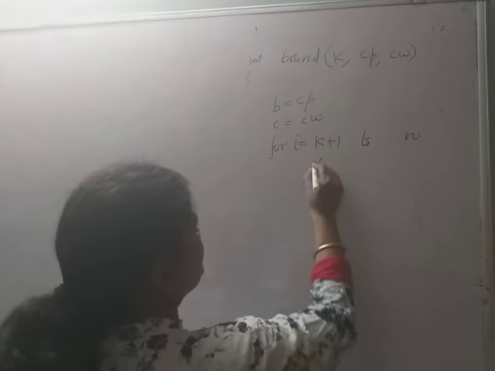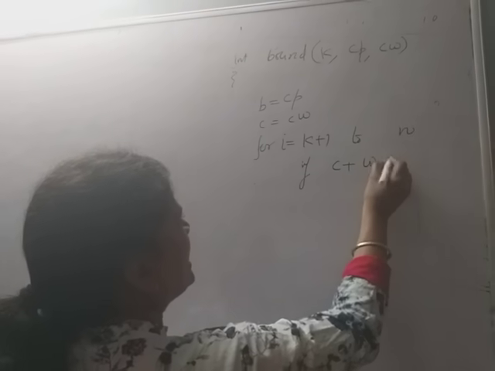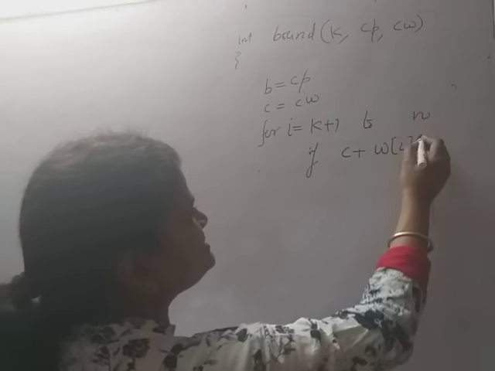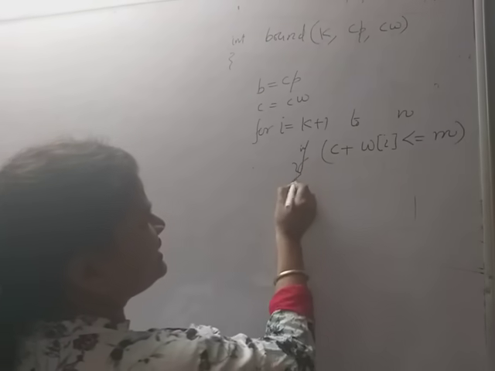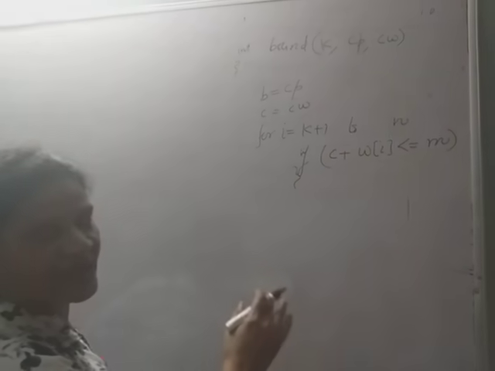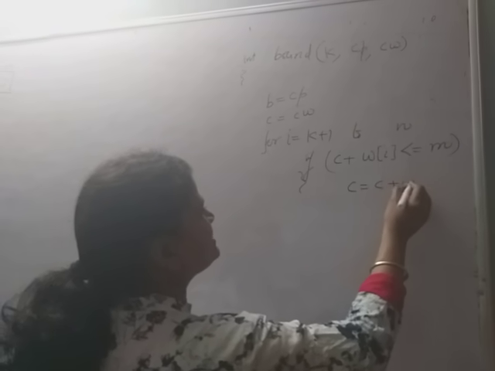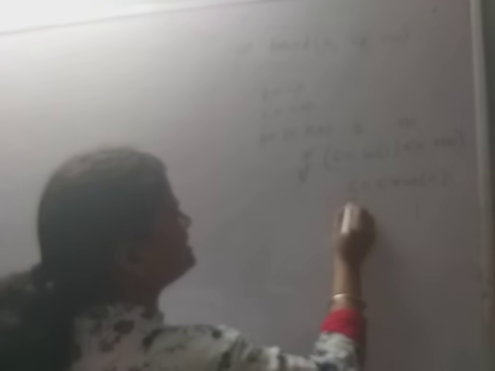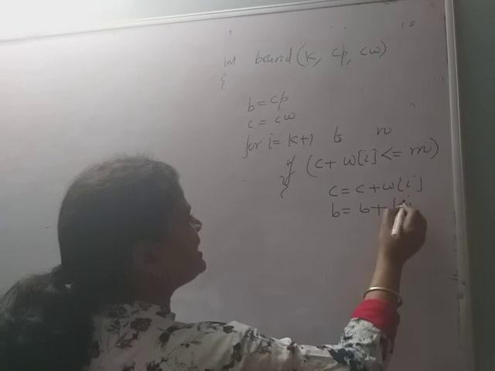If c plus wi is less than or equal to m, it means the whole weight can be added. So c equal to c plus wi, and the profit is b equal to b plus pi.